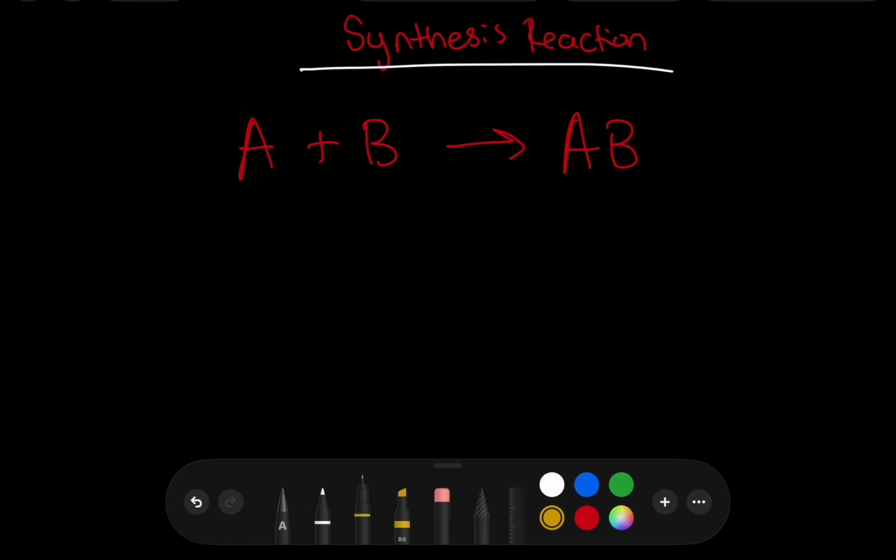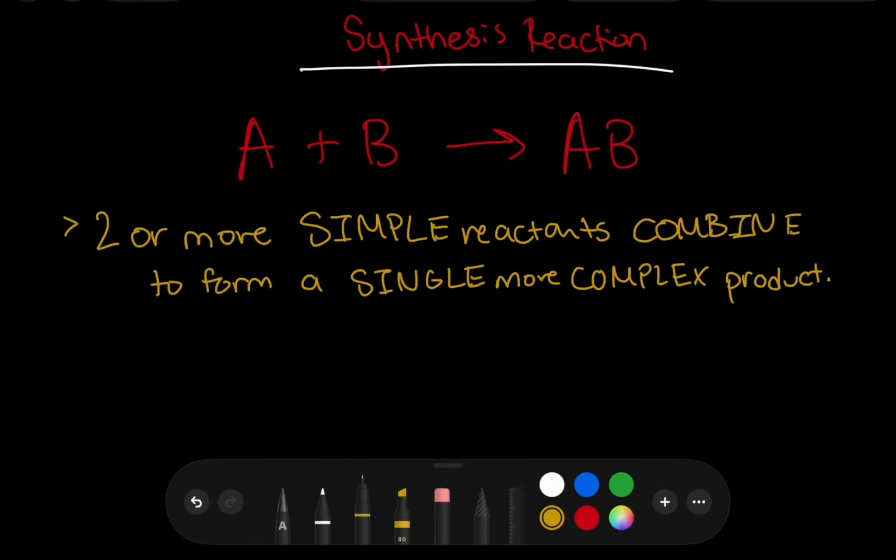Okay, now let's talk about synthesis reaction. In a synthesis reaction, you're basically combining two or more simple reactants, which in this case are A and B, because they're on our reactant side, and they come together to form a single and more complex product, which would be AB. Just to give you an example, let's say we have 3 moles of hydrogen and we combine it with 1 mole of nitrogen.